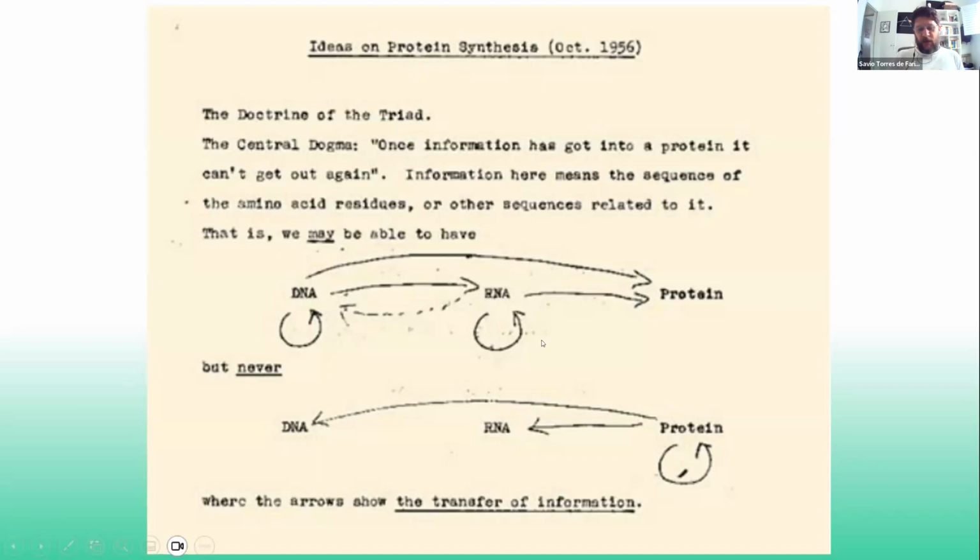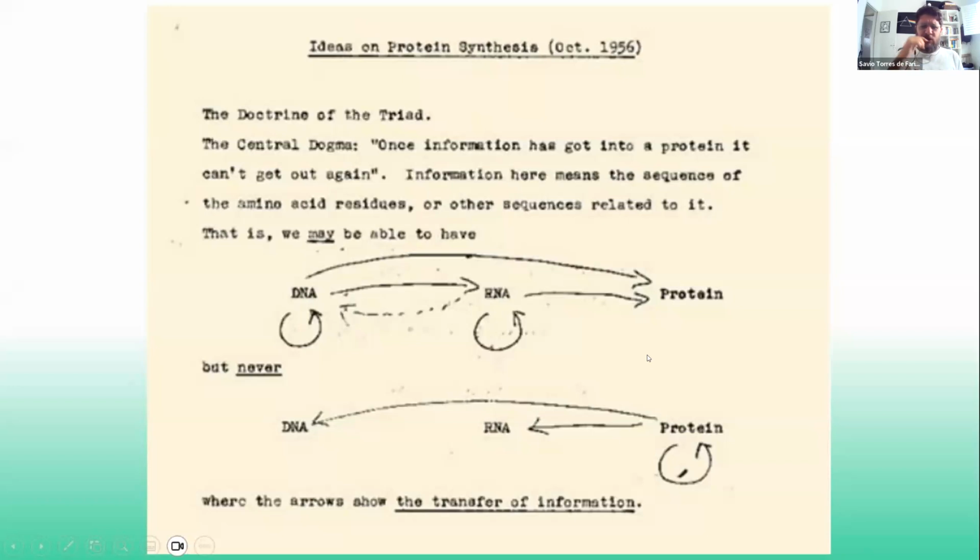Crick suggested that the DNA can pass the information to the protein directly, but also that the DNA passes the information to an intermediary molecule, in this case the RNA, and the RNA passes this information to the protein.